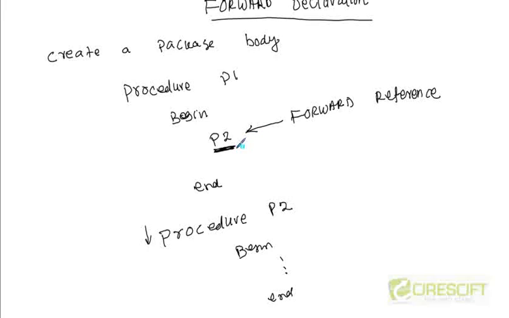So in that case you have two options. Either you define procedure p2 first and then define procedure p1. In that case procedure p2 is done, and when the execution comes to procedure p1, we already know about p2.